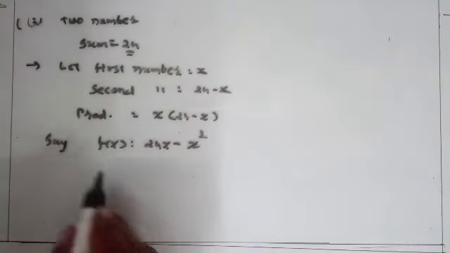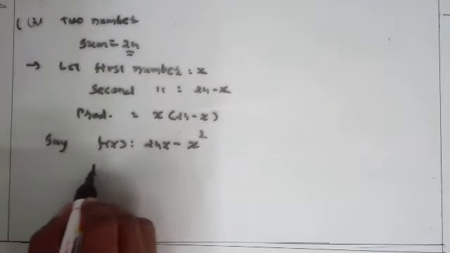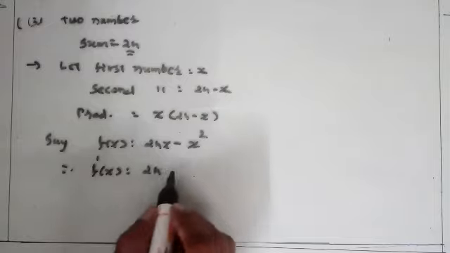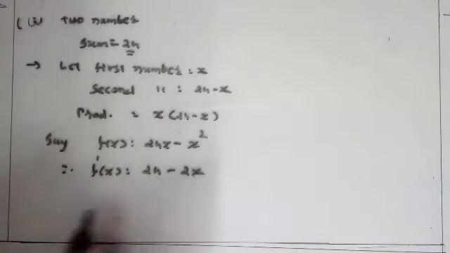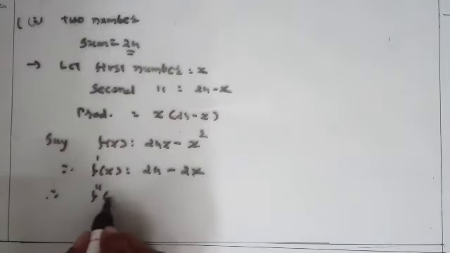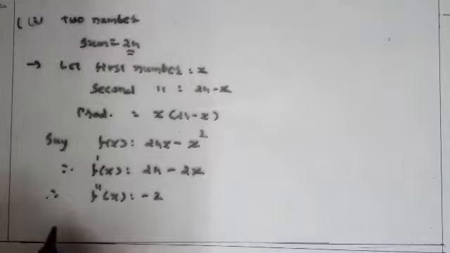Clear? Now get the first derivative. Therefore, f'(x) is equal to 24 minus 2x. Now get the second derivative. f''(x) is equal to, this becomes 0, so minus 2.